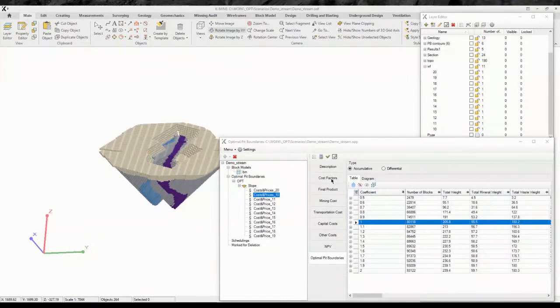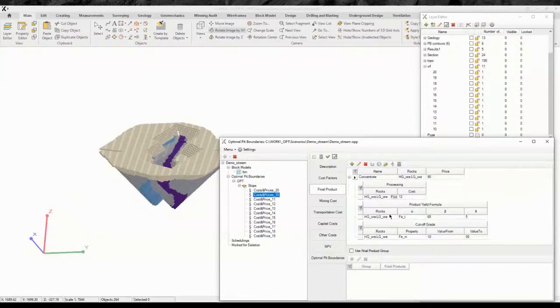So each of the created scenarios represents a certain cutoff grade indicator. We can preliminarily determine its influence on the results of calculating the optimal contours and economic indicators already in Kmine, directly in the plugin.